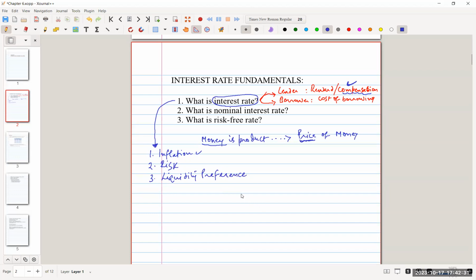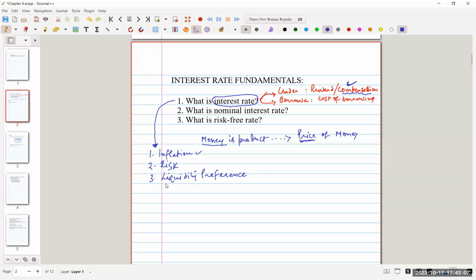So for example, cash is the most liquid of all assets that we know, and people want to hold such assets with them which are as liquid as possible, so that if a need arises for them to liquidate those assets or sell those assets off, then they should be able to do that with convenience, with ease, and with a certain degree of speed, right? So they shouldn't have to wait long, and the process should not be difficult to sell off their asset and thereby convert it into cash. So there's always a preference for liquidity.